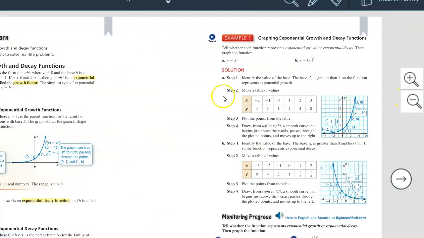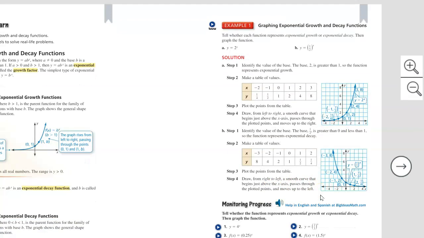The first one is being able to know when a function is growth or decay. I already talked about it, so I'll let you guys go through the steps, and it tells you how to figure it out, but I think you probably already have an idea of how to figure out whether it's growth or decay. But please go through the steps and just read through it and see what questions you have.